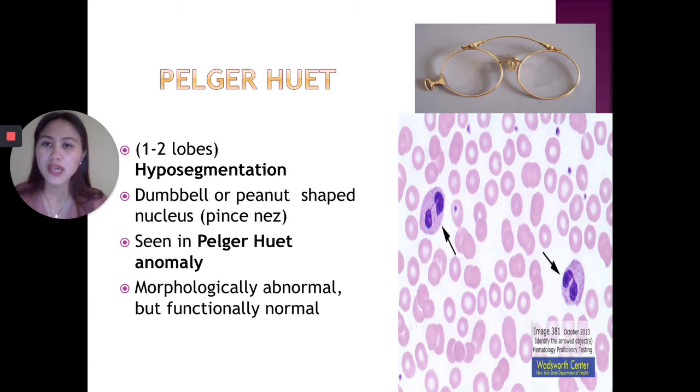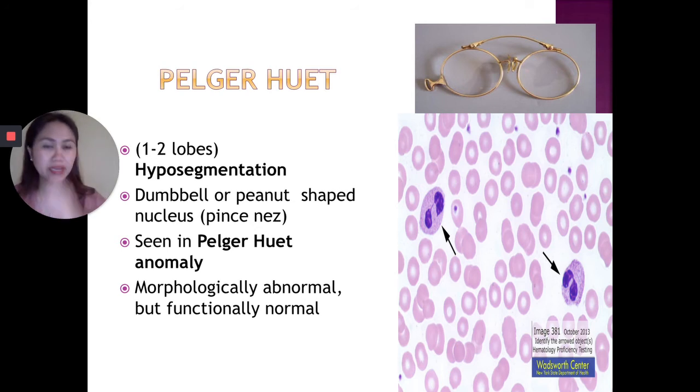Although a Pelger-Huet cell has only 2 lobes and is somewhat abnormal, the function of this WBC or neutrophil is normal. It looks like a dumbbell or a peanut-shaped nucleus.